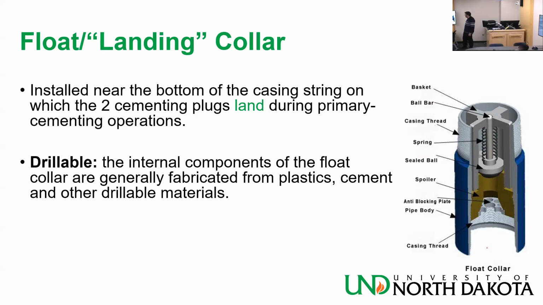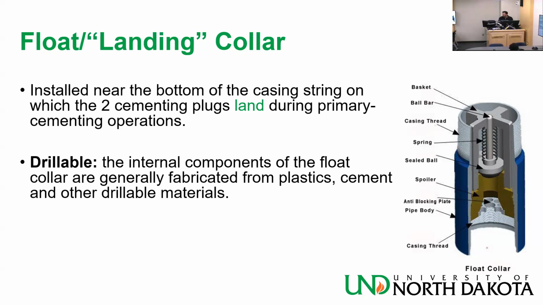Some of them are also degradable with temperature. So when the temperature goes up, it's made this way to assist you in drilling through it after you finish your job.